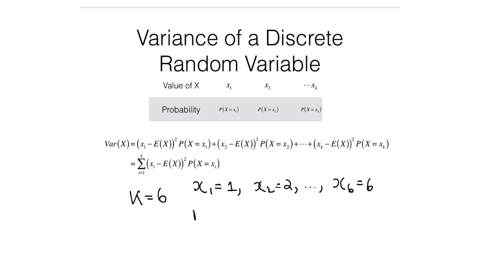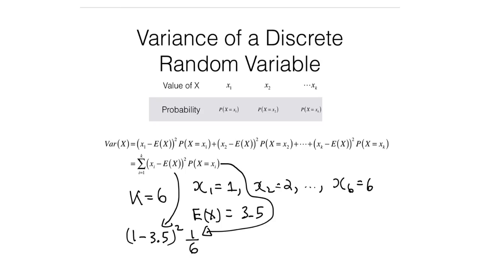The expected value of x was calculated previously, and that was equal to 3.5, and then we plug it all into this formula and obtain 1 minus 3.5 squared, so that's this part over here, times this probability, which is 1 out of 6, which is this component over here.